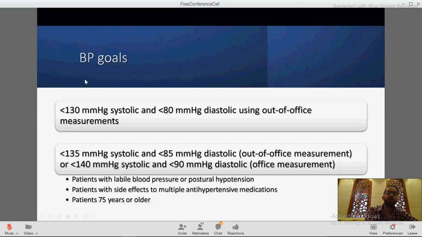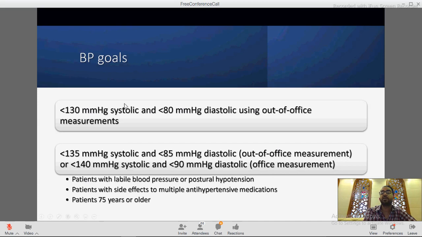Blood pressure goals. You started treatment for your patient, whether the pharmacological approach or the non-pharmacological approach. The goal is to have a systolic blood pressure that is less than 130 and the diastolic less than 80.